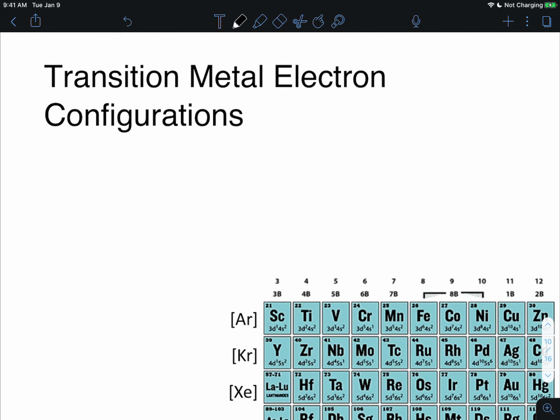When we get to our transition metal electron configurations, these are more complicated. It's because we've started to have an overlap in our energy levels, switching our energy values for our 4s versus our 3d. So 4s is actually filled before our 3d.